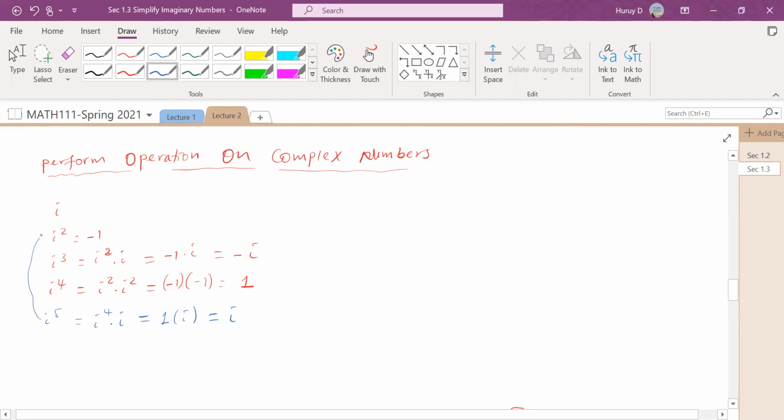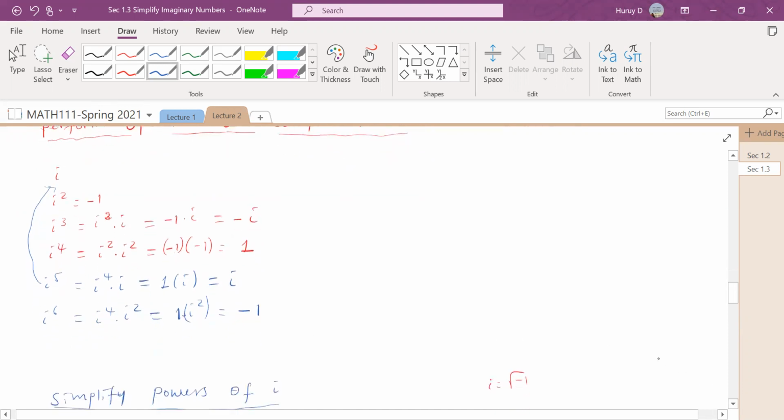So i to the 5th is the same as i. How about i to the 6th? Again, this is i to the 4th times i to the 2nd, and this is 1 times i squared. And i squared is negative 1, so just negative 1. Again, i to the power of 6 is the same as this one.